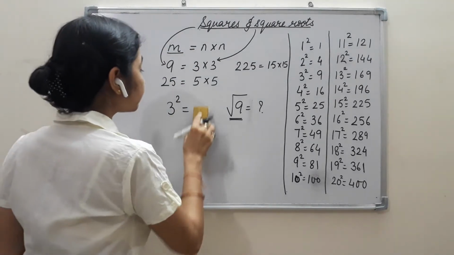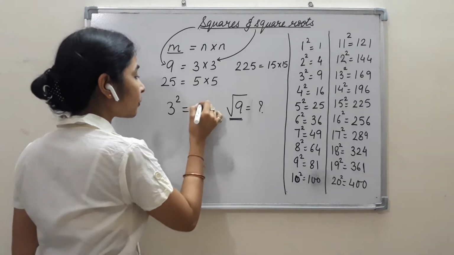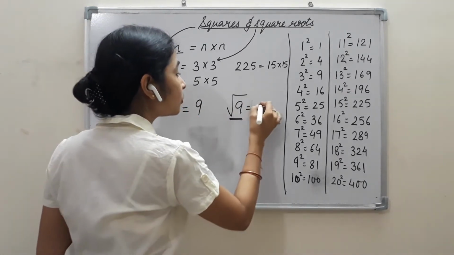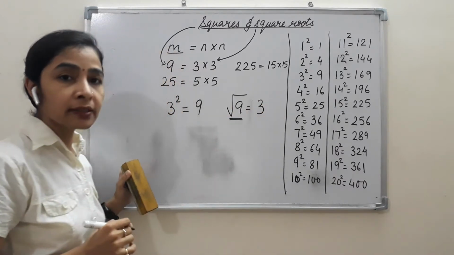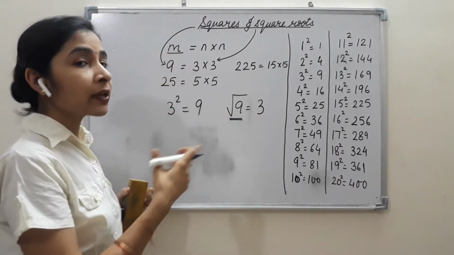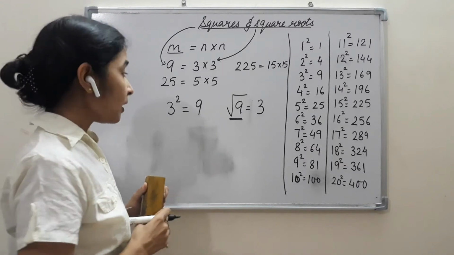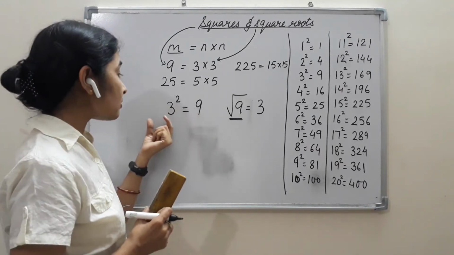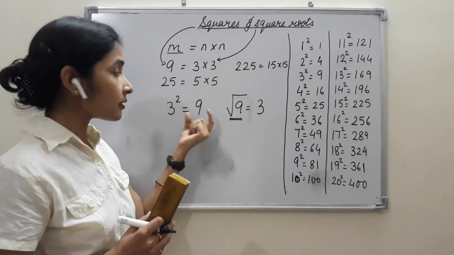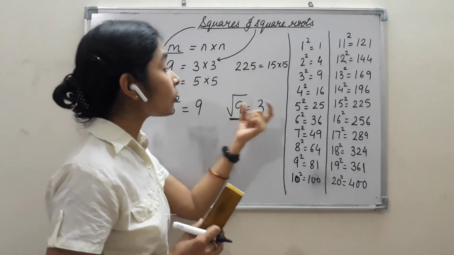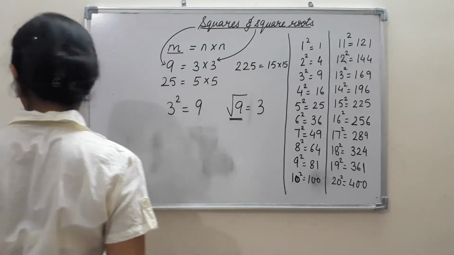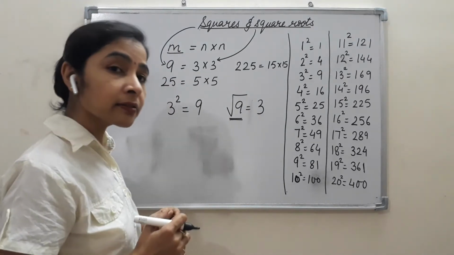If we write 3 square is equal to 9, or square root of 9 is equal to 3, both mean the same, but the way of expressing is different here. Square of 3 is 9, that means 3 multiplied by 3 gives us 9, and the square root of 9 is 3, that means 3 is such a number which when multiplied to itself gives the product as 9.